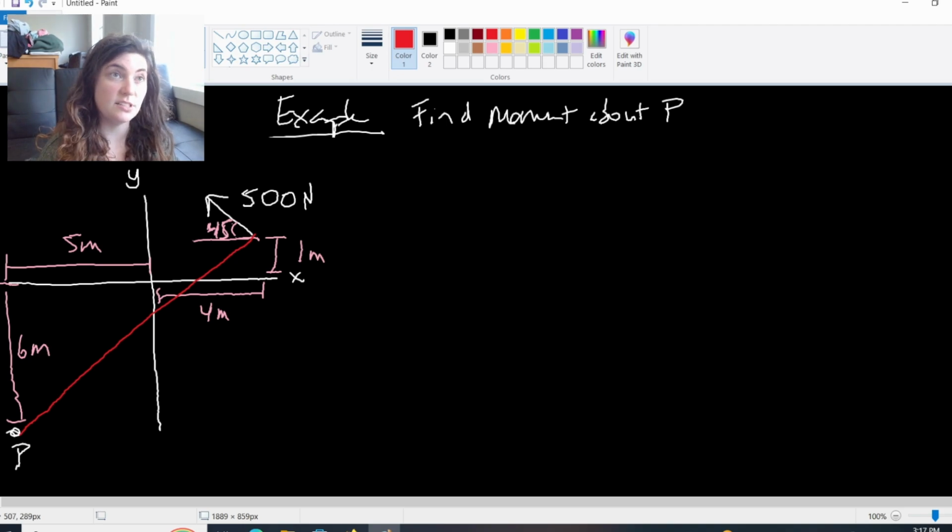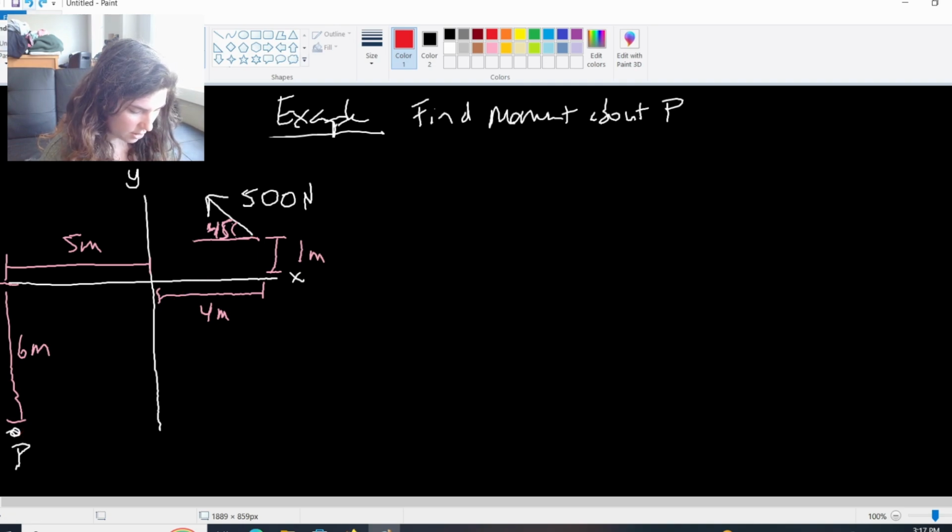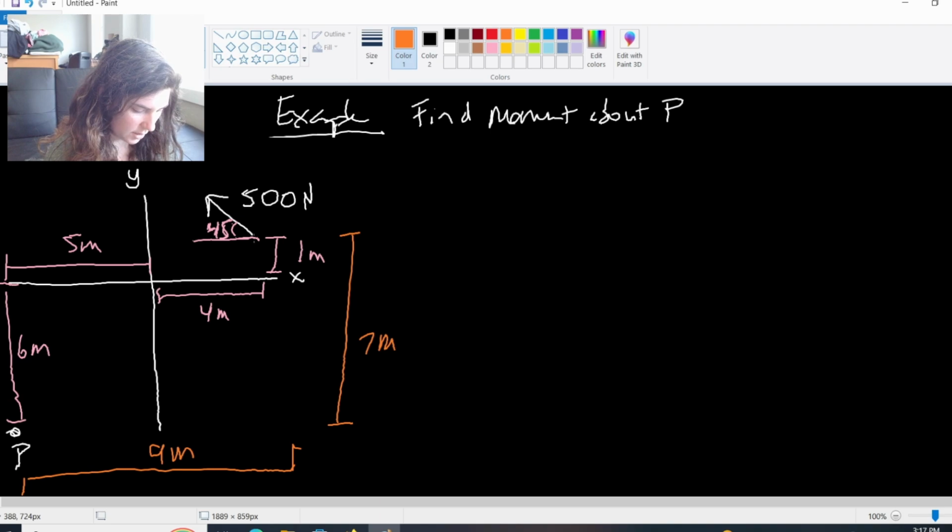For this example, it's a little bit easier because it is a 45-degree angle. Let's see what our total distance is here. Our total distance is 7 in the y direction and 9 in the x direction, which is where the start point of the vector is.